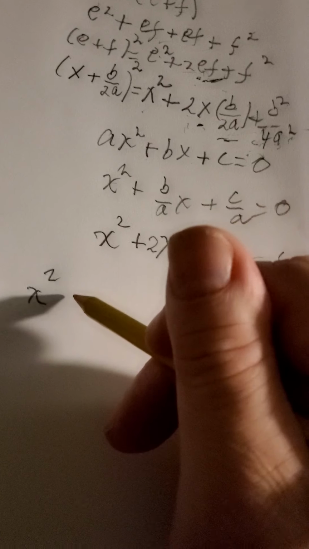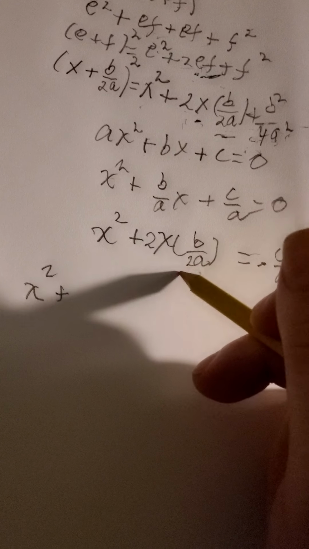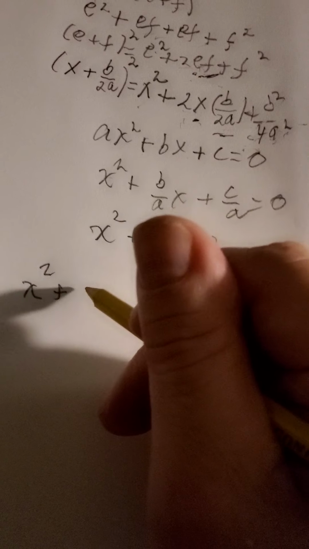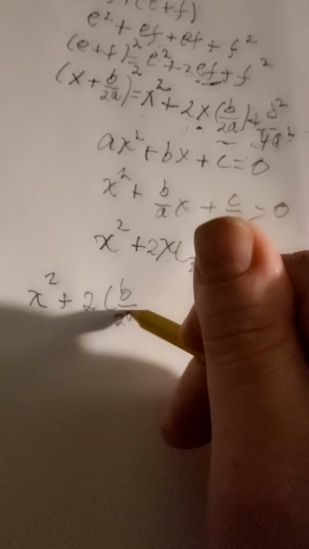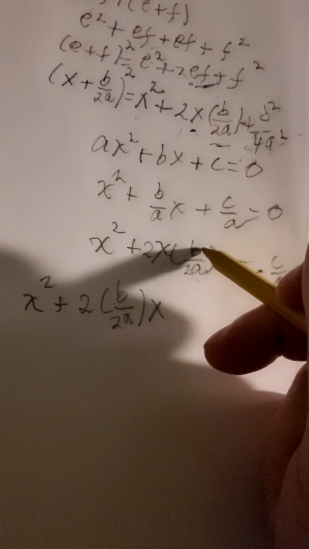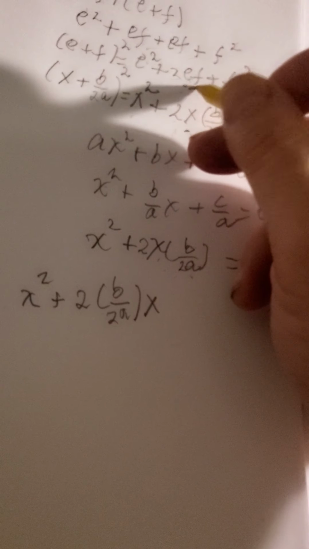All right, now I'm going to complete the square. So I get x squared plus, I can rewrite this, doesn't matter which variable's in front or not. So I'm going to change that to 2b over 2a for emphasis, which this b over 2a, as we did in the comparison, is like this f in this equation.